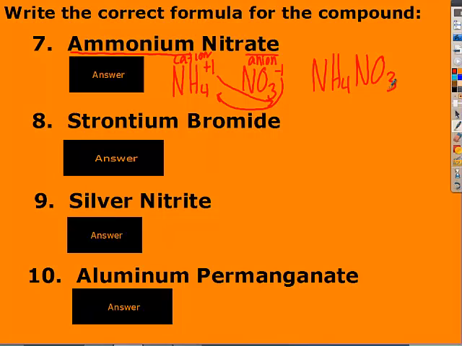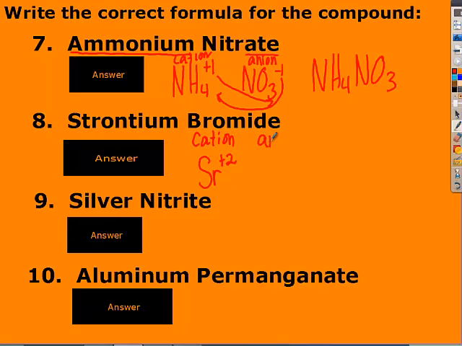Next one. My cation, strontium bromide. So let's start with the first one, strontium. That's an element. If you flip over to the front, strontium, number 38. That is what it is. Sr. What charge does that group have? It should have a +2 charge.